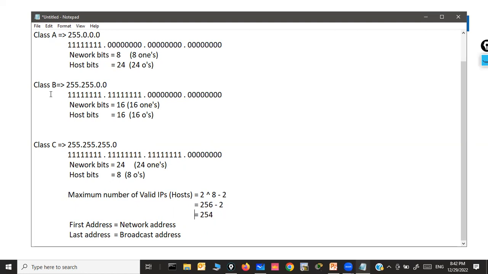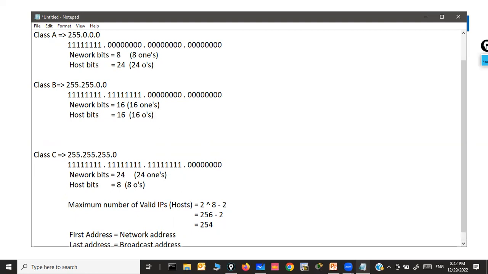Similarly, if I have to find out the maximum number of valid IPs or hosts in a class B network, this would be 2 raised to the power of the number of zeros. Count the number of zeros: 8 here and 8 here, 16. So 2 raised to the power 16, and then minus 2, again because 2 IPs are reserved.